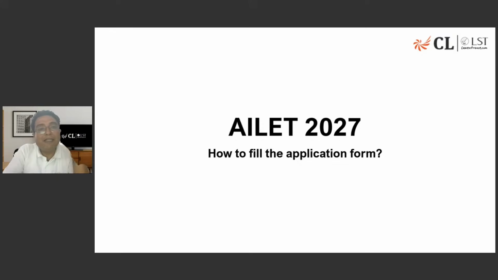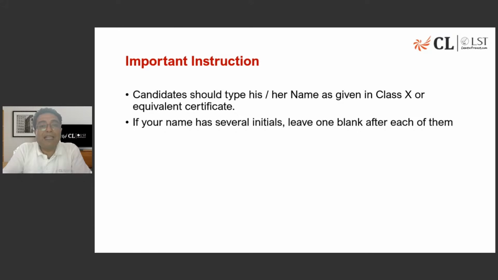Remember, when we were filling the CLAT application form, it was clearly instructed that your name should be as per your class 12 certificate. And I had explained over there how you'll go ahead with that, because most of you have not yet applied or got an admit card or any document related to class 12 as such. But when it comes to AILET, it is as per your class 10th certificate.